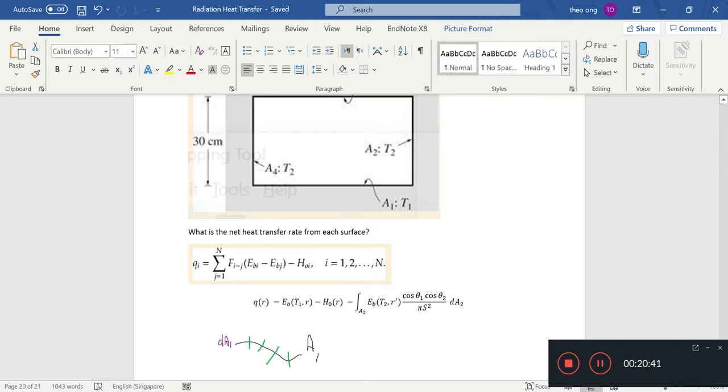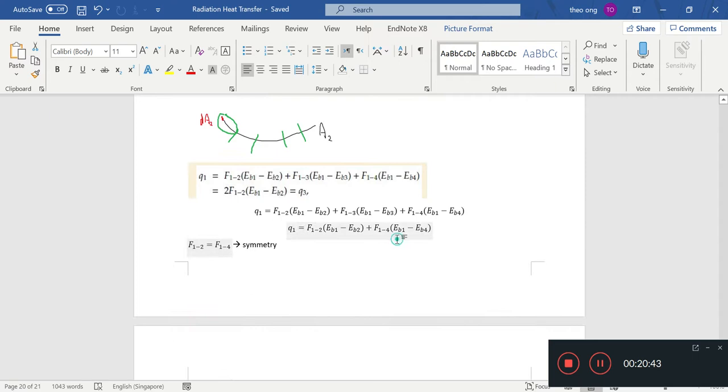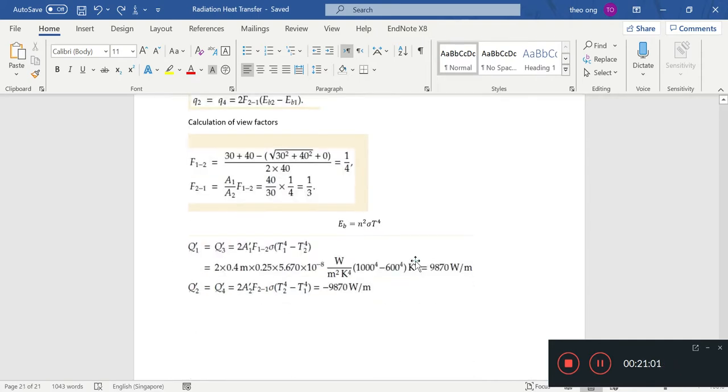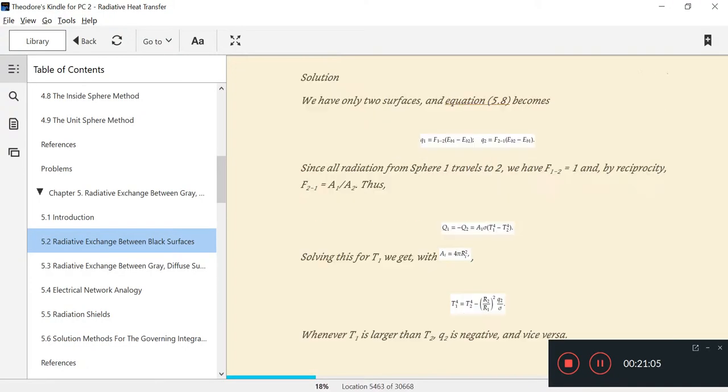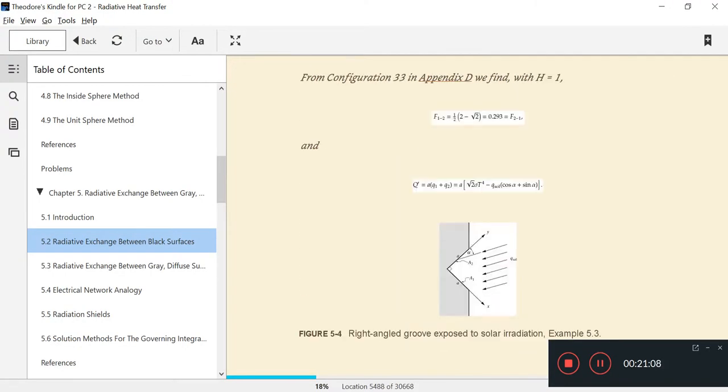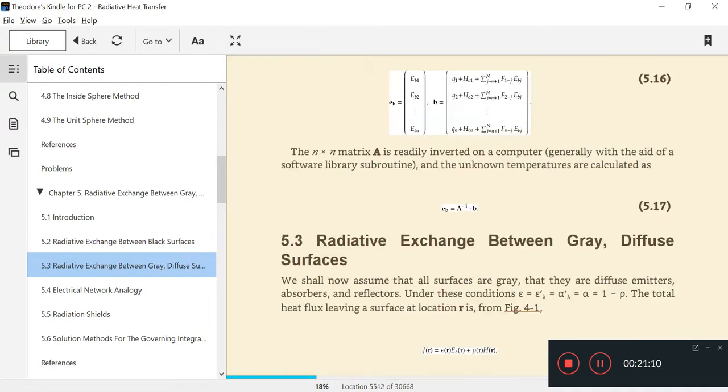And at least from a conceptual standpoint, it should make sense, because it's just the net heat coming in minus the net heat going out. Calculating each of these terms can be a little more complex, but once you find out what these are, the heat transfer is just that between the black surfaces. The more complicated one is, of course, if we go to gray surfaces, which I think we are more or less ready to do in the next video.